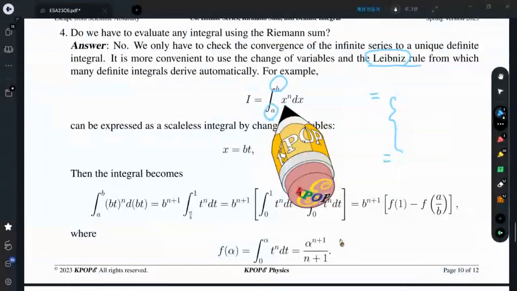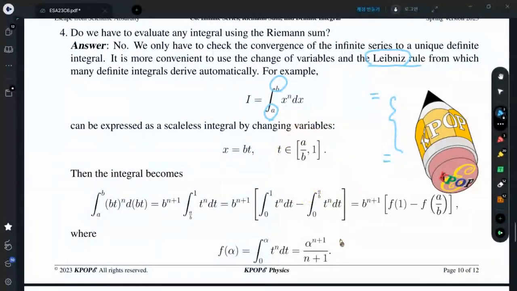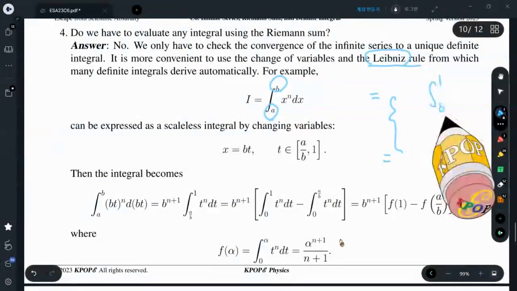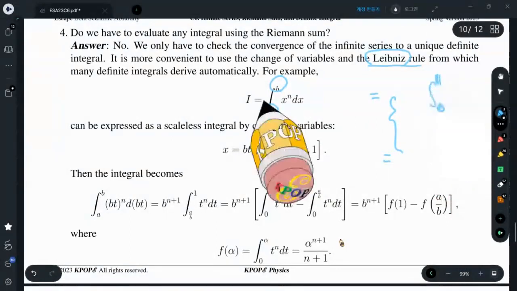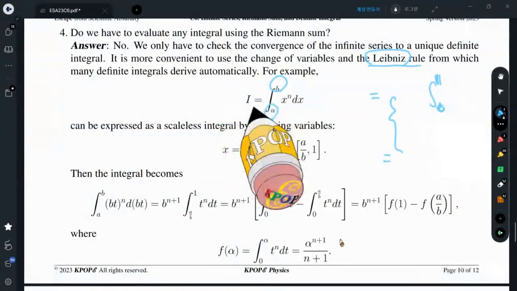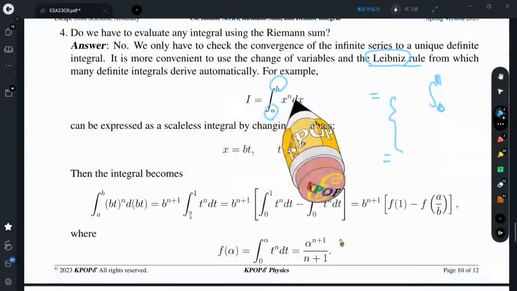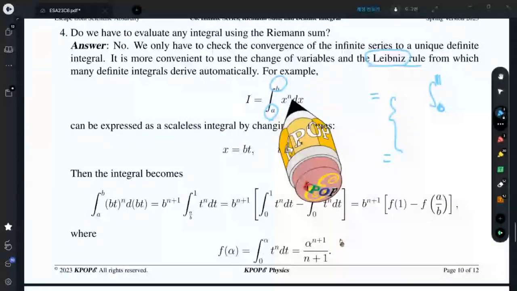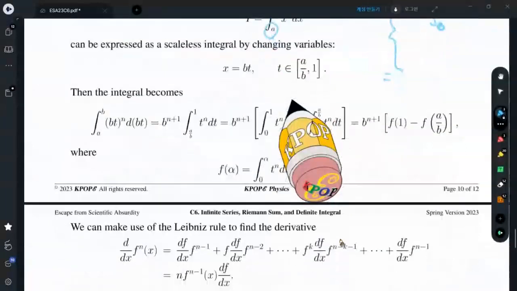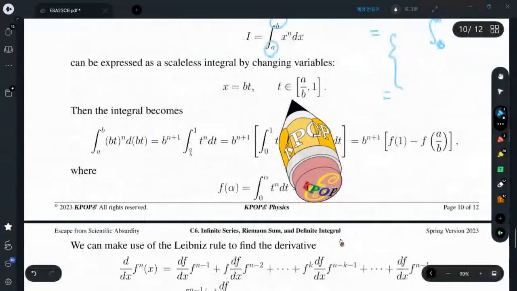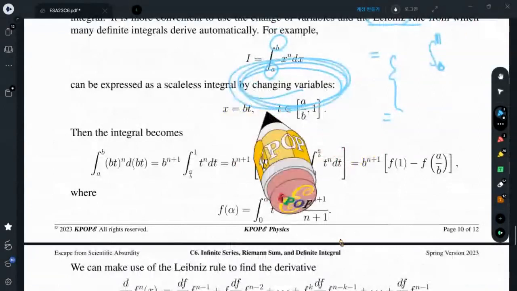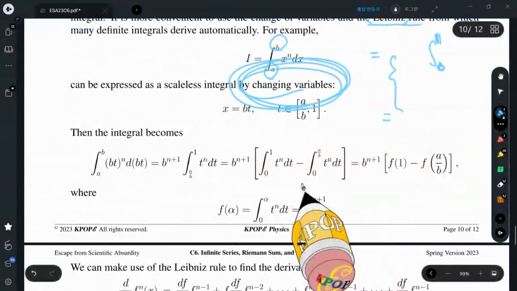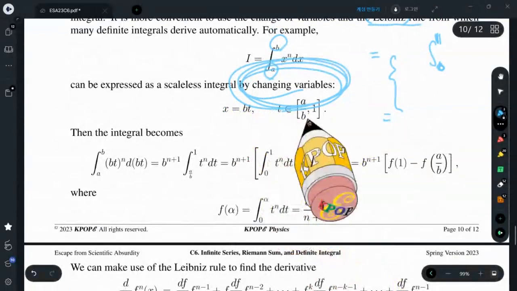Just like that, we can always rescale the problem into a very simple mathematical problem from 0 to 1, isolate the interval, and all of the physical dimensions will be factored out of this integral. That is a very efficient way. So this change of variable is one very useful way to simplify the integral into a form that is already obtained.